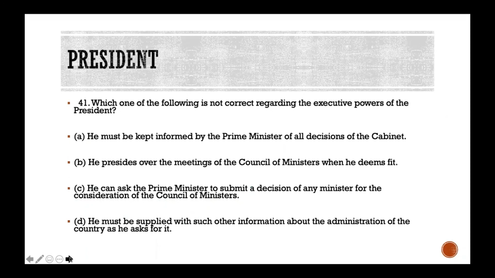Notice it is: which of the following is not correct regarding the executive powers of the president. So he must be kept informed by the prime minister of all the decisions of the cabinet. That is your option number A. He presides over the meetings of the council of ministers when he deems fit.